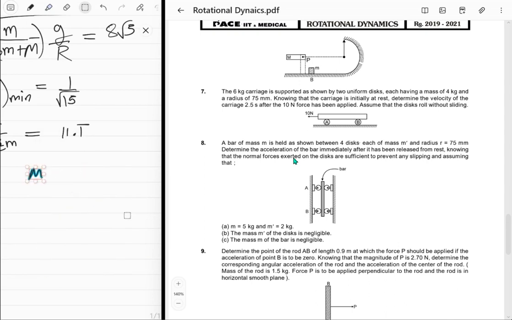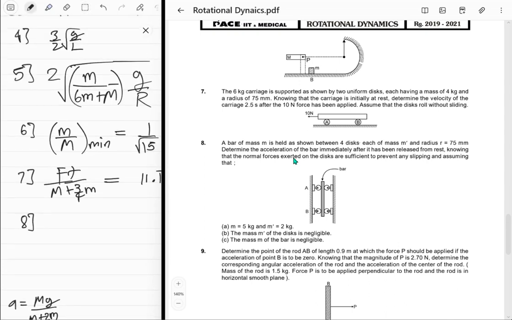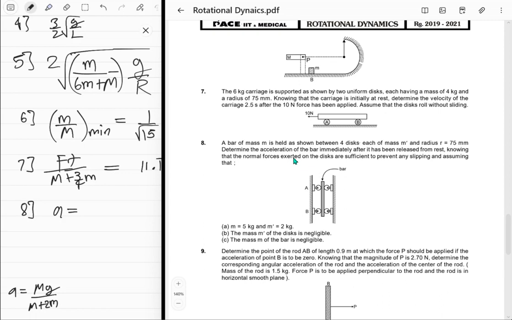And now return to their notation. So according to them, the bar is of mass small m, and these discs are of mass m dash. So it's going to be like this. Okay, so let's do the cases.